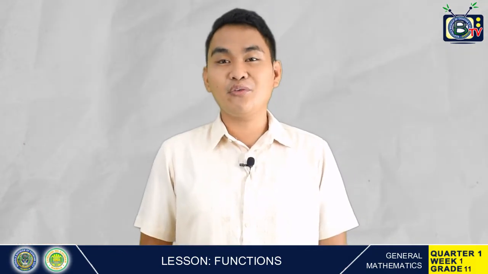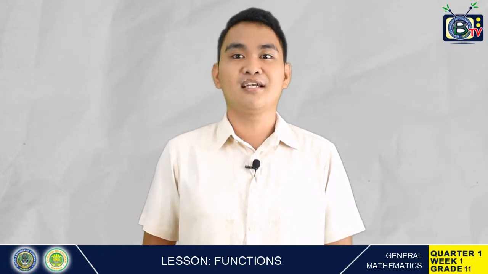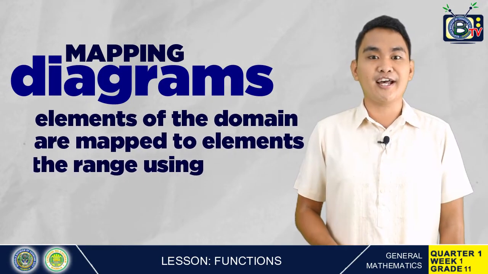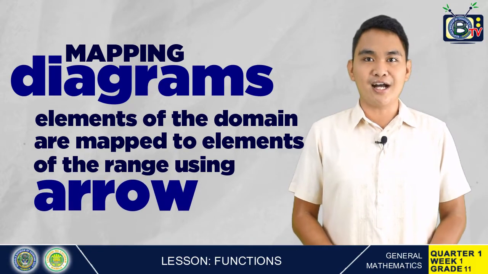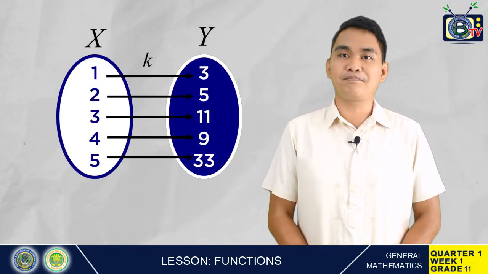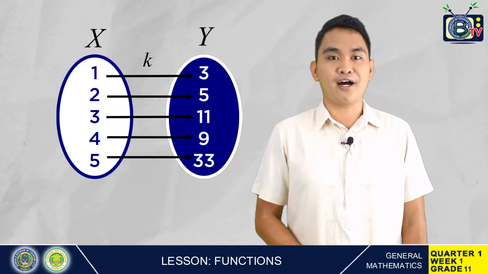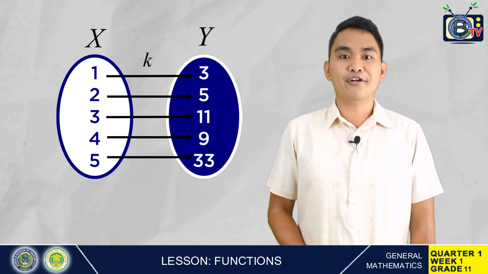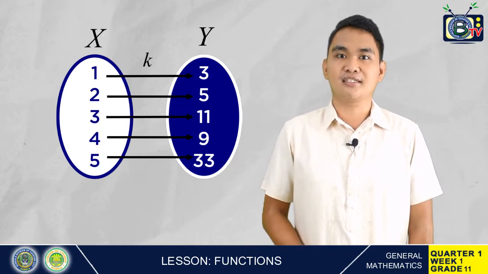Not only can we determine relations and functions by definition or by sets, because they can also be represented by mapping diagrams where the elements of the domain are mapped to elements of the range using arrows. For instance, in our first map, 1 is mapped to 3, 2 is mapped to 5, 3 is mapped to 11, 4 is mapped to 9, and 5 is mapped to 33.